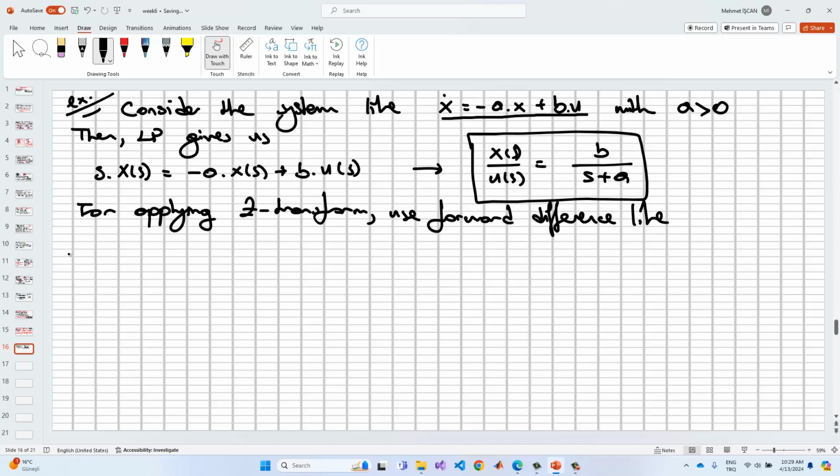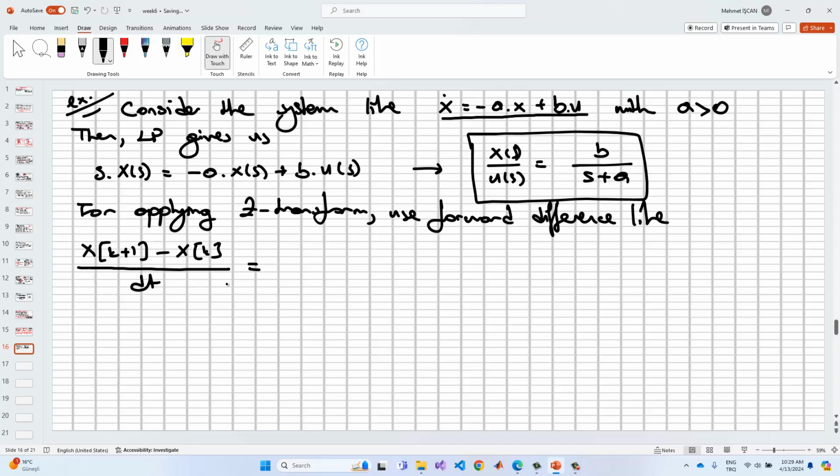Okay, and so if we use the forward difference equation, x dot yields x(k+1) minus x(k) divided by dt.